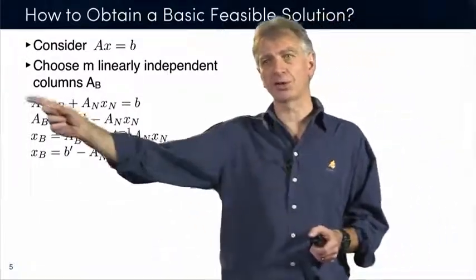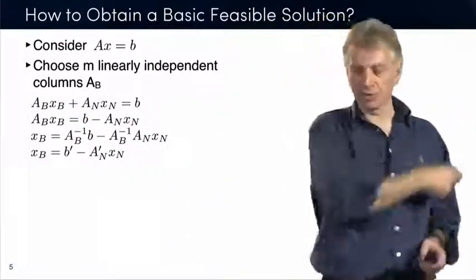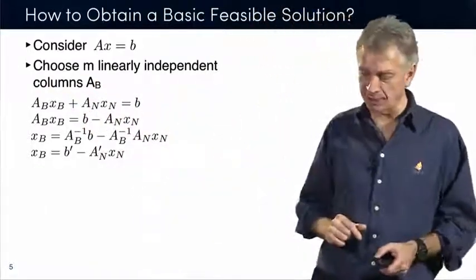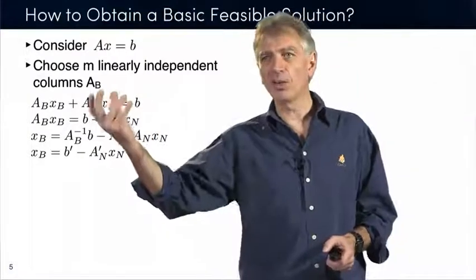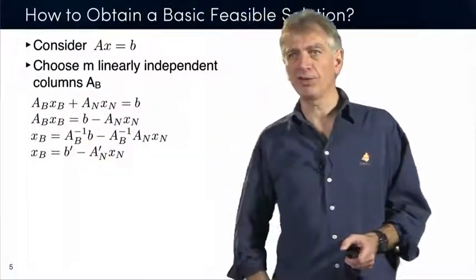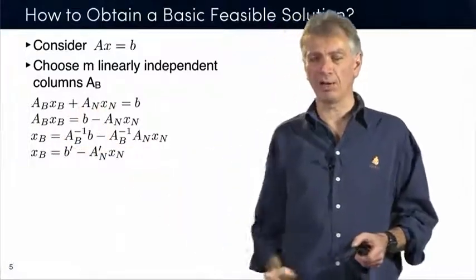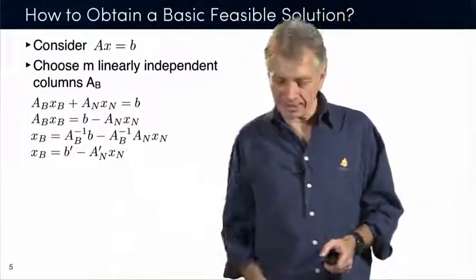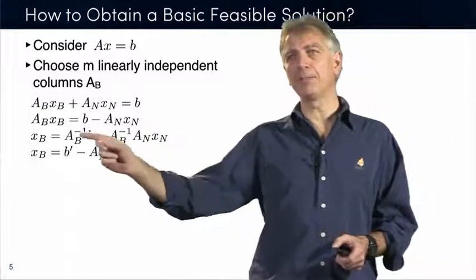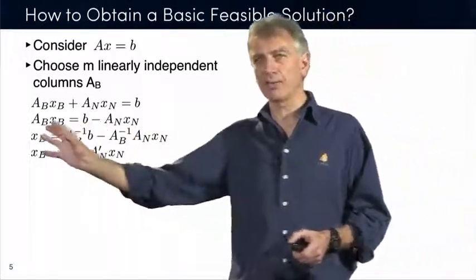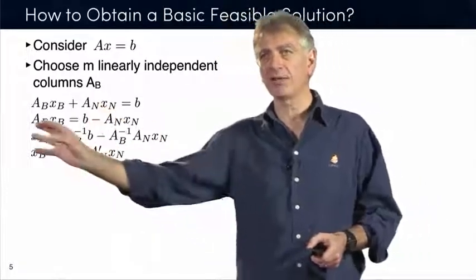So I have these first constraints that I've just described on the previous slides: AB times xB plus AN times xN is equal to b. Now I want to isolate the basic variables. So I have AB xB on the left-hand side, and on the right-hand side I get b minus AN times xN. So once again, basic variable, non-basic variable. I still have a matrix there.